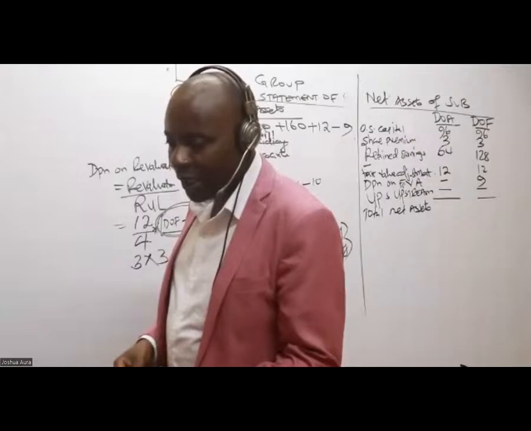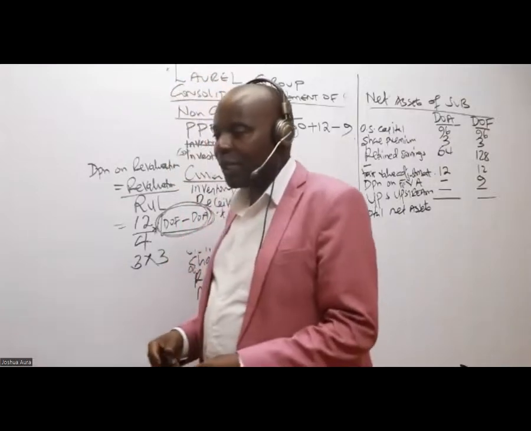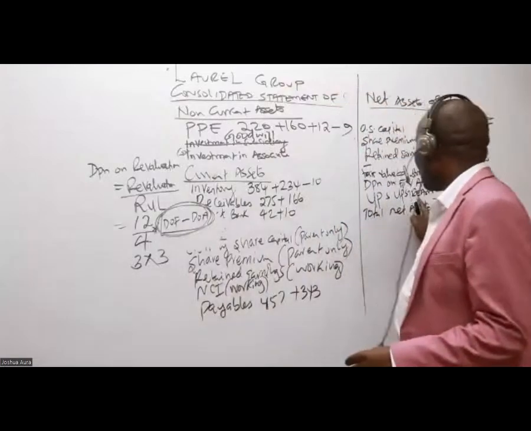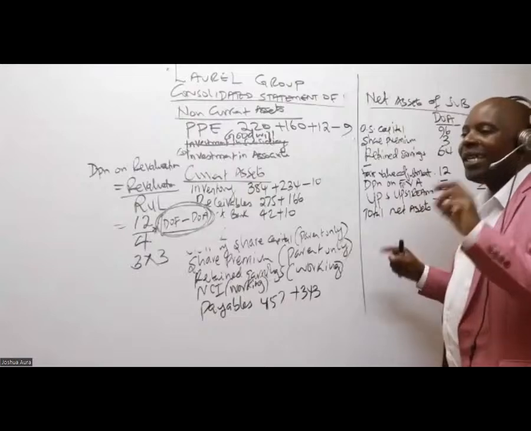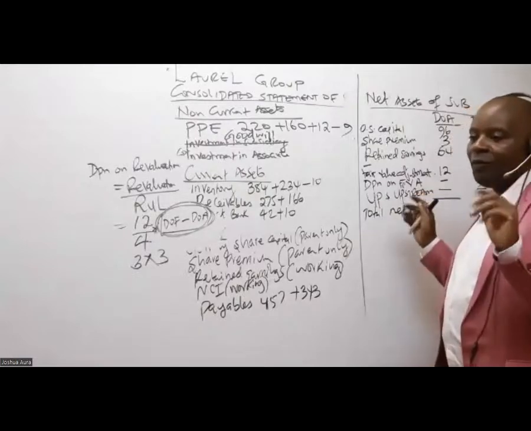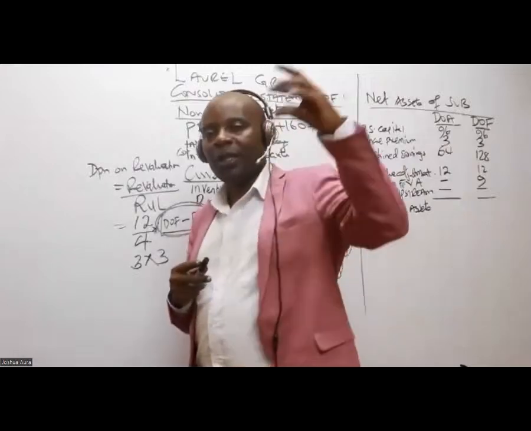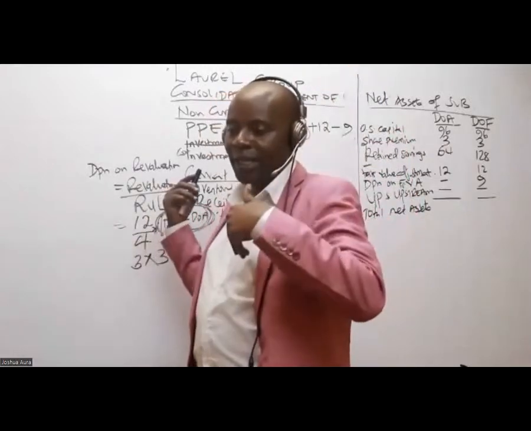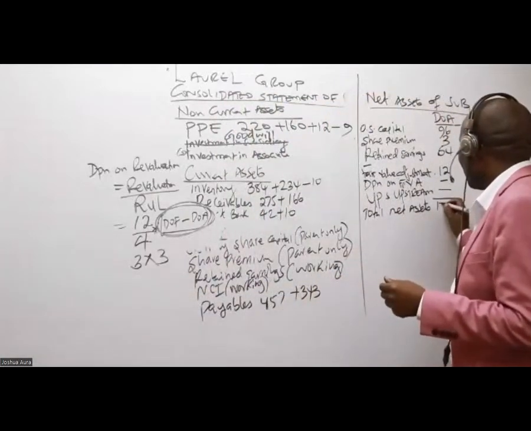Somebody is saying 173, another one is saying 175. How about UPS? Remember what we said about UPS. Here we have a downstream UPS, so it doesn't affect us at all. If it was upstream, where the subsidiary sells to the parent, then I would have brought the figures here. So this is 175.